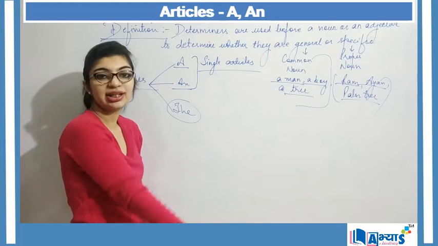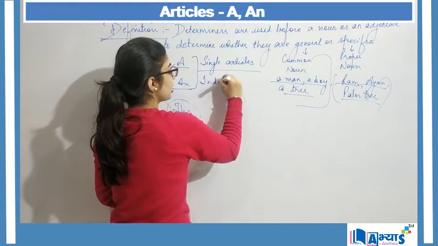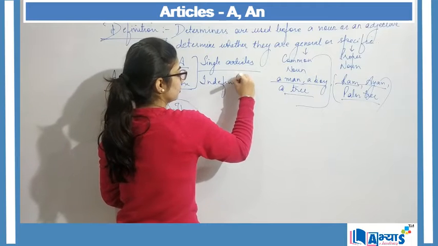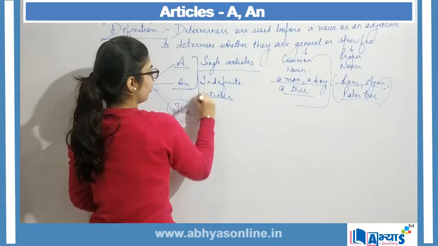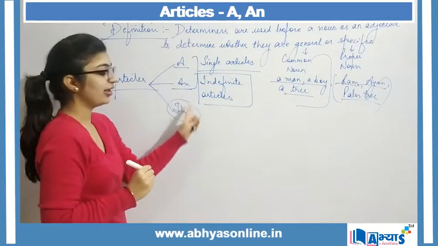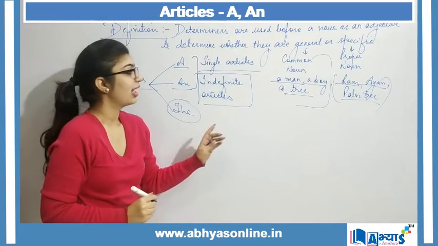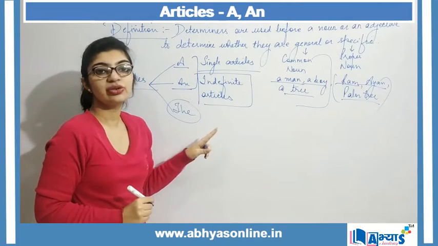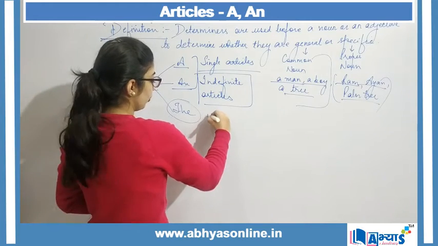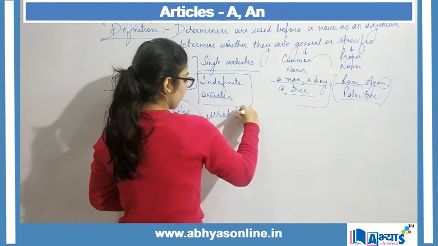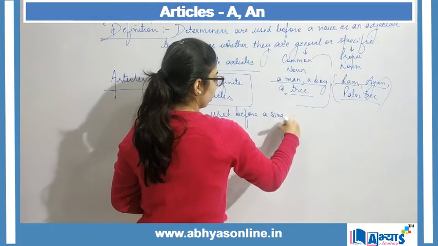Because they are single articles, they are also referred to as indefinite articles. Right? A and an are also referred to as indefinite articles. And because they are used for only a single unit, used before a single unit.